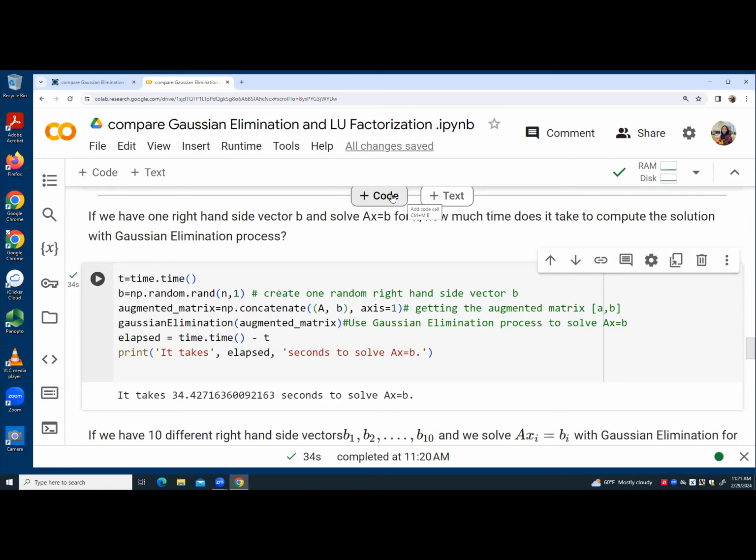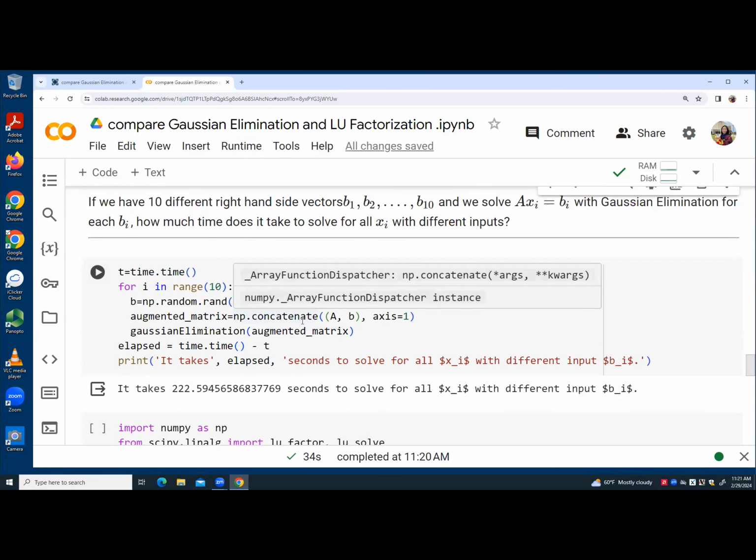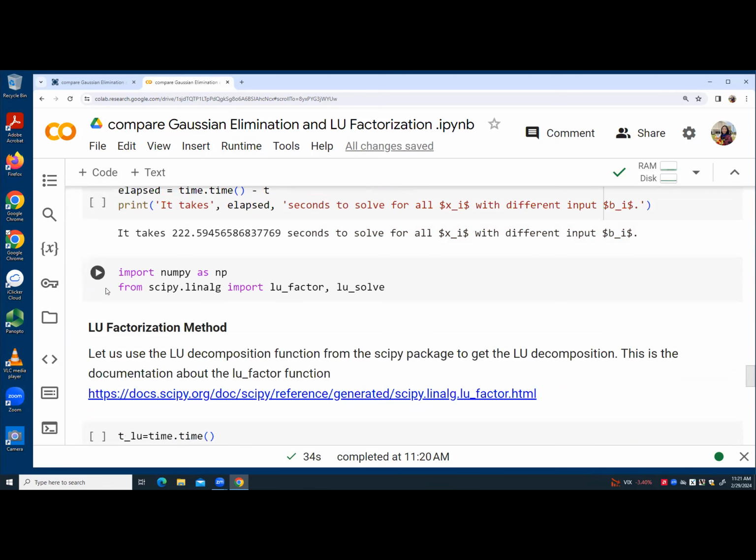So let's see what happens if we use the LU factorizations here. Actually, we have a package, from SciPy, and it would give you the LU factorization.